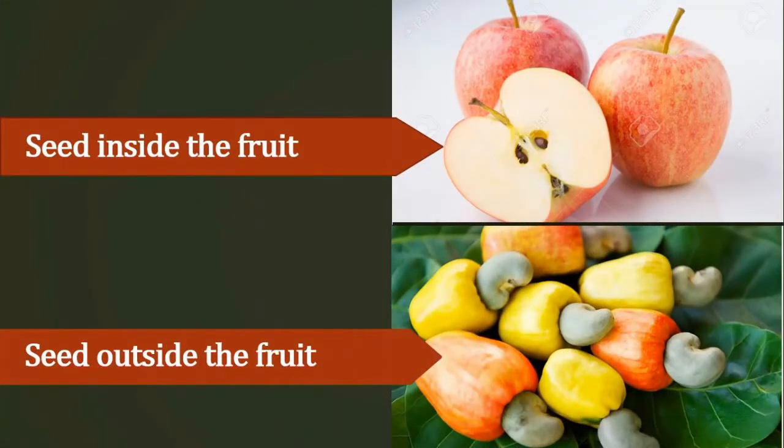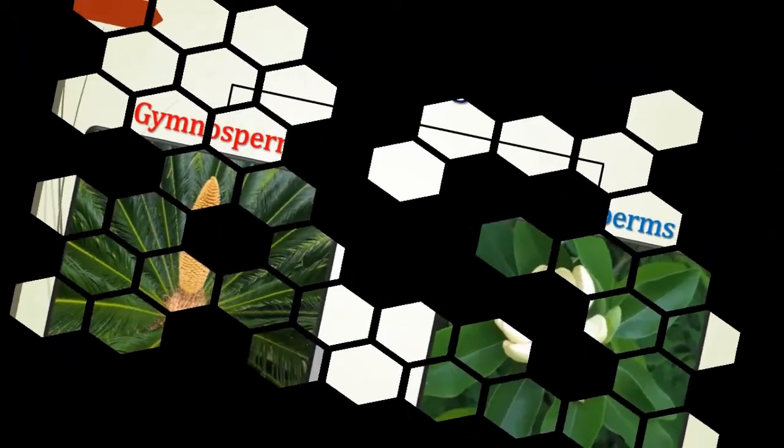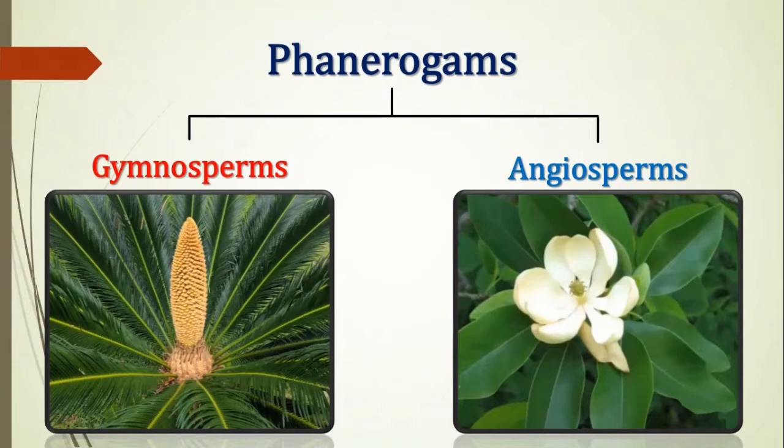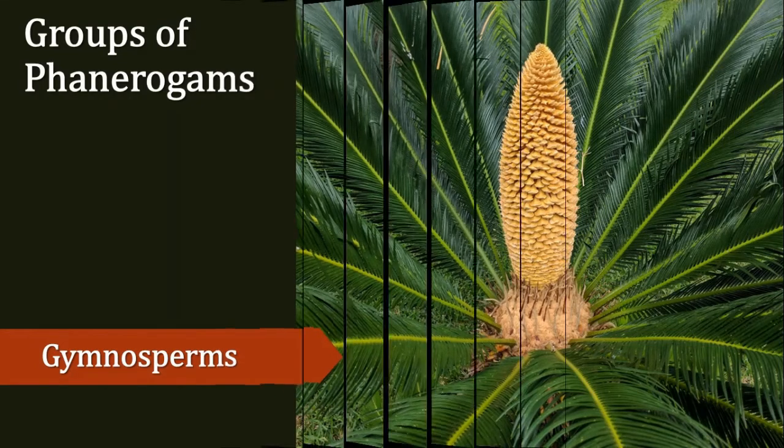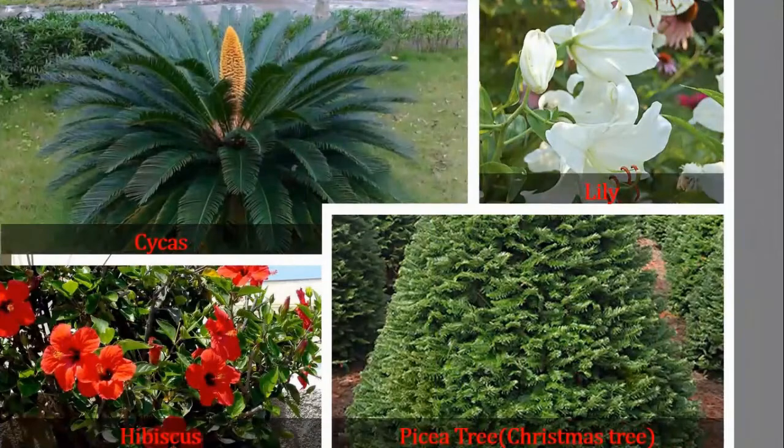Depending upon whether seeds are enclosed in a fruit or not, phanerogams are classified into gymnosperms and angiosperms. Now, let us understand about gymnosperms. Students, observe all garden plants like cycas, lily, hibiscus, Christmas tree and compare them.